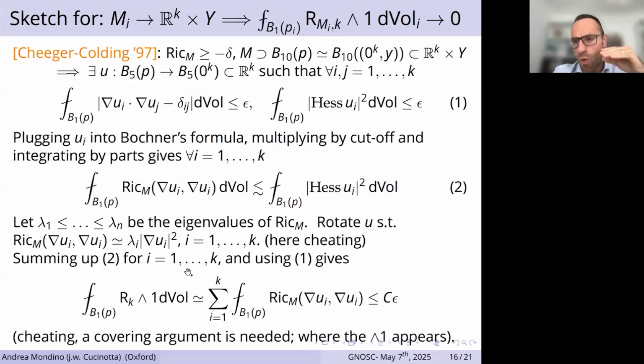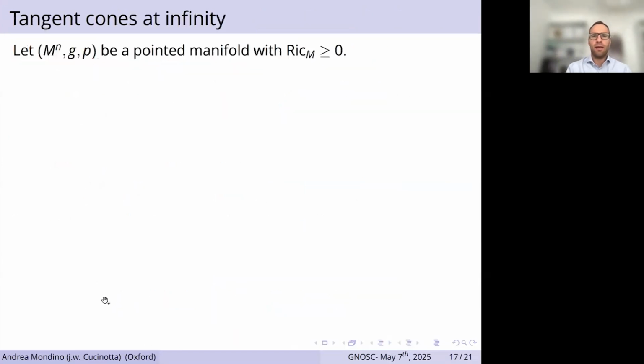And when you do these covering arguments, you always have some small sets which remain uncovered, and this is where you need to truncate by one this R_k. Otherwise, the argument, as I told you, would give smallness of R_k without cutting by one. But that's just a rough sketch in order for you to have an idea.